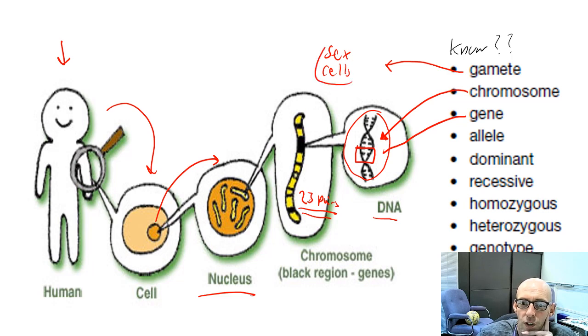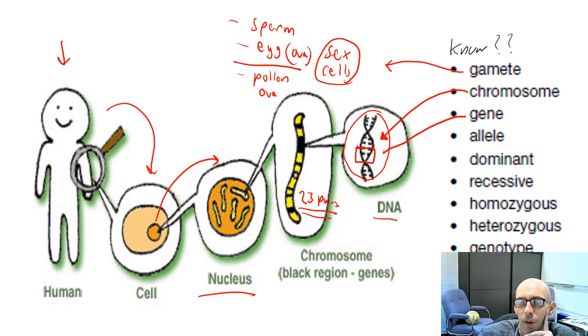They're special cells just for sexual reproduction. The ones we've mentioned so far, in animals generally tend to be a sperm and an egg. Eggs are sometimes called ova, from the ovaries. And in a plant, pollen is the male sex cell and ova or eggs are the female. So there's only really the sperm, the eggs and the pollen.